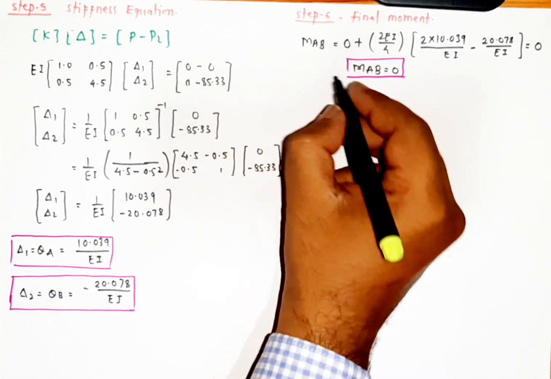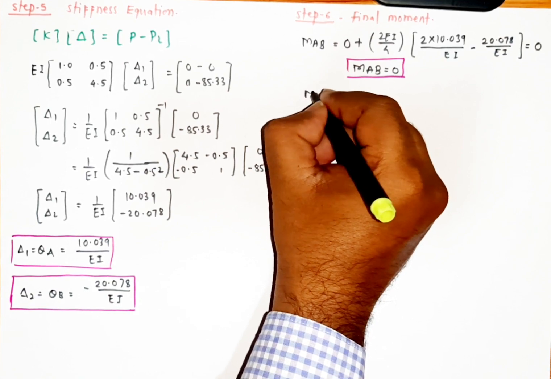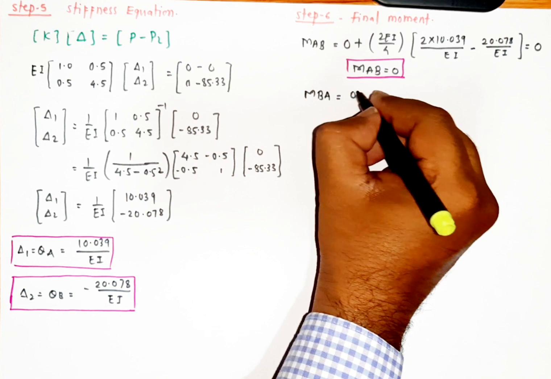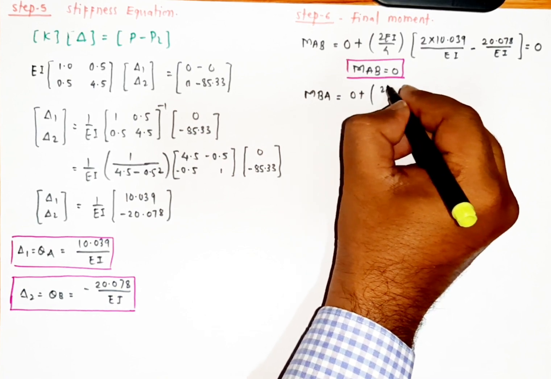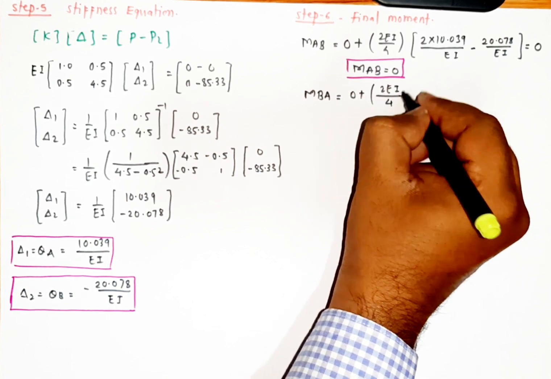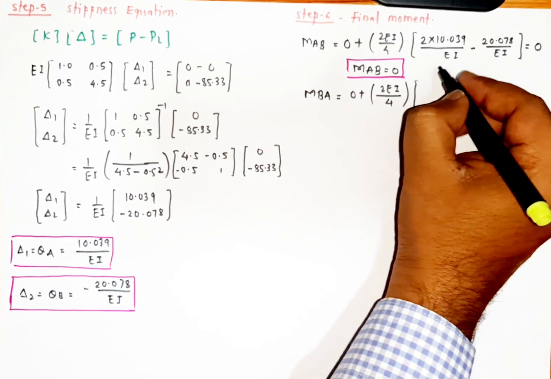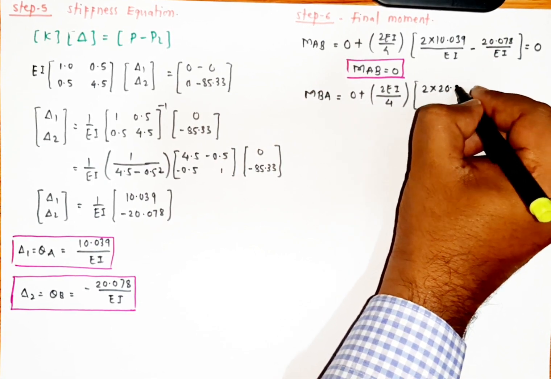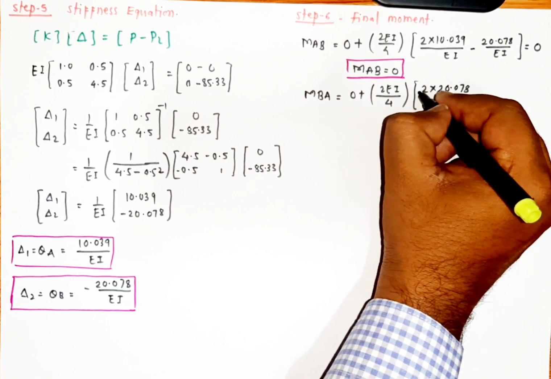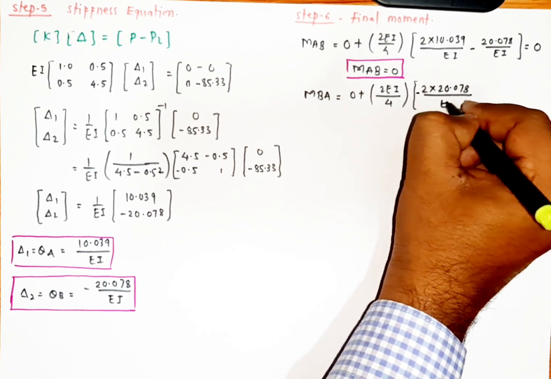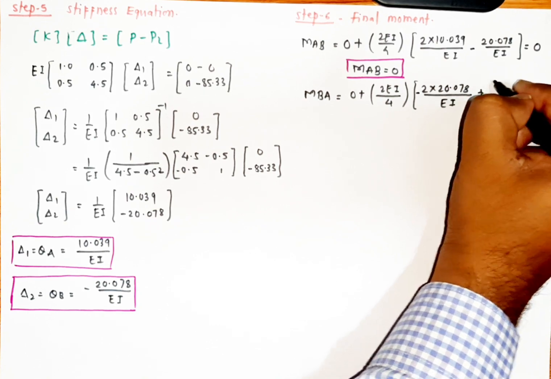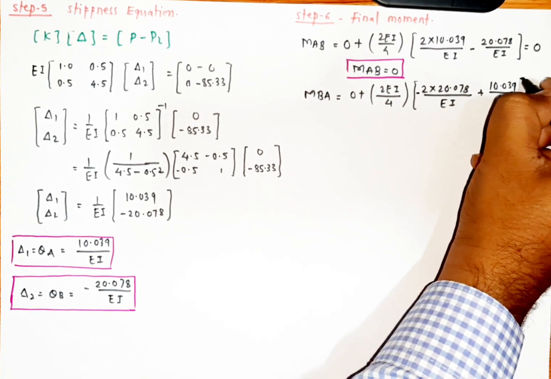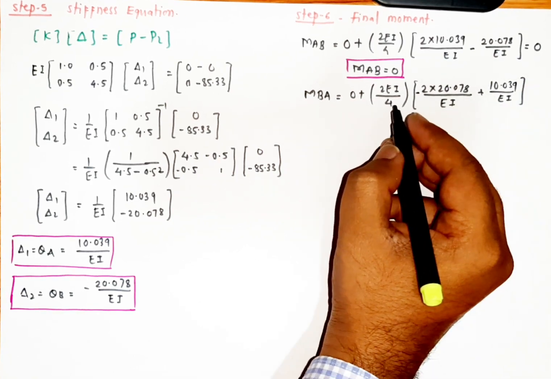Now BA, for this MBA is equal to 0 plus twice EI by L, that is 4, into 2 into 20.078, which is a minus value, divided by EI, plus 10.039 divided by EI, it will be the same value, and delta is 0.